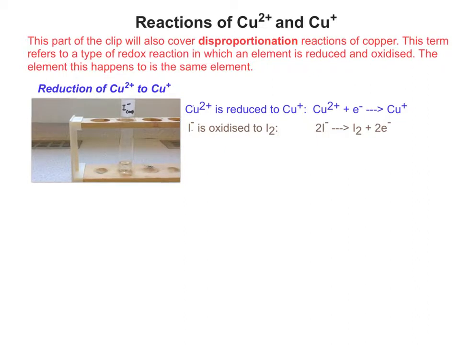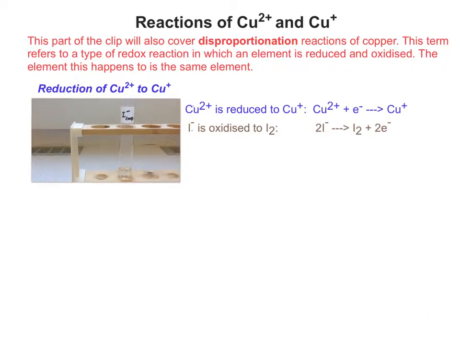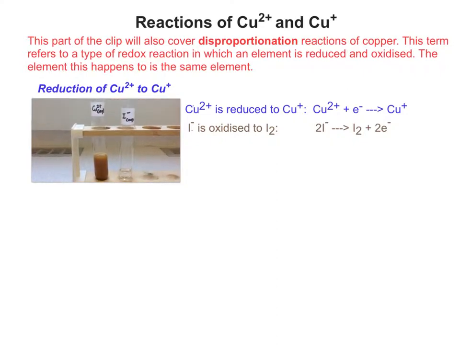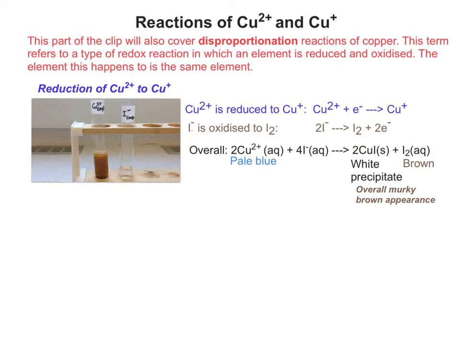So I'll just pull the test tube over to the camera so you can see it a bit more easily. So you can see quite clearly it's not just a solution, there's some kind of precipitate formed because the liquid isn't clear, it's opaque. So what happens is you get an overall murky brown appearance due to the combination of a white precipitate forming plus the brown iodine.